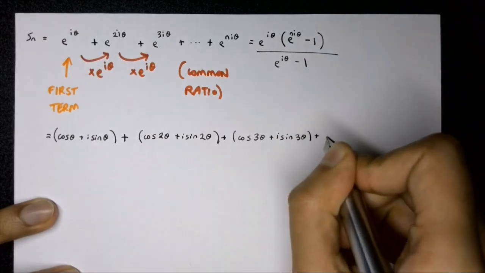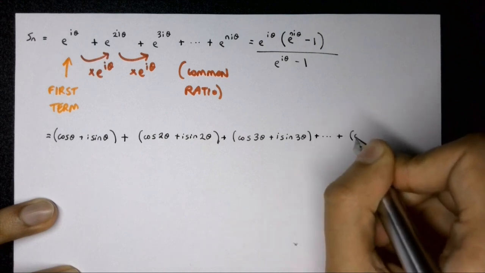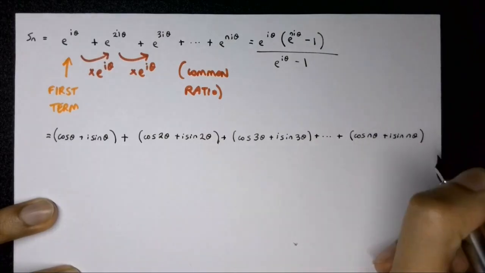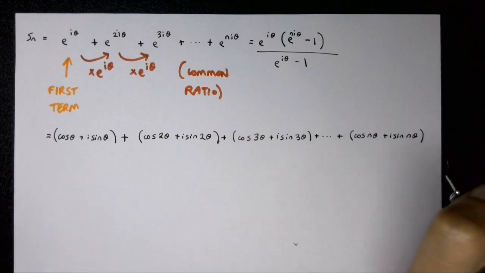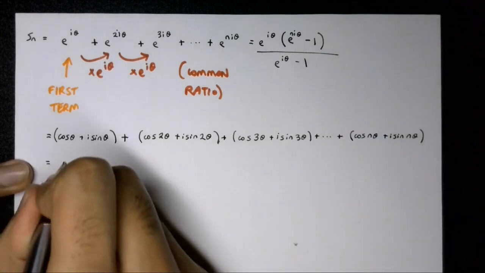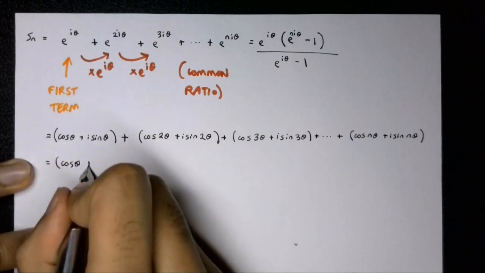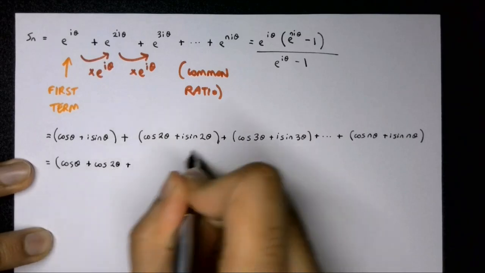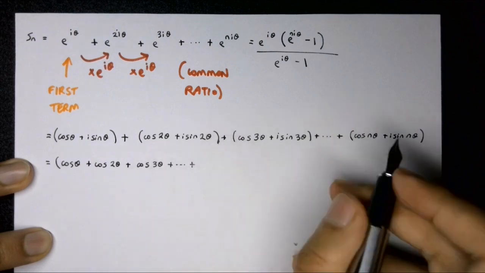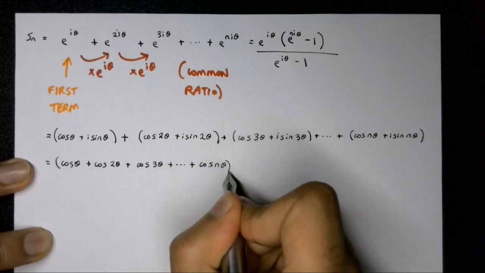And we can continue this up until the nth term, where we have cos n theta plus i sine n theta, okay? And if we gather the real and imaginary parts separately, for the real parts we've got over here cos theta, then we've also got the cos 2 theta, and then we've got the cos 3 theta, and then the other terms up until we reach the nth term where we've got cos n theta.